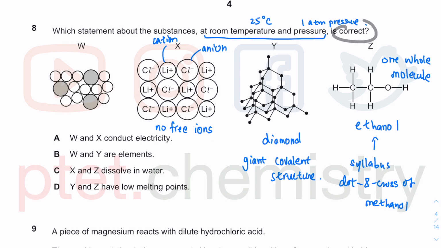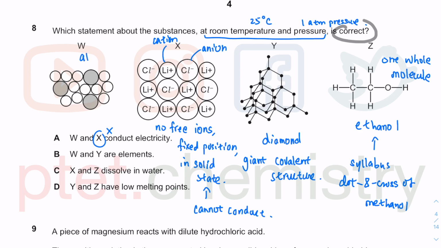So no free ions, because the ions are in a fixed position in a solid state, held tightly in a fixed position, only vibrating about their fixed position, so cannot conduct electricity. So when they say W and X can conduct electricity, we know that X cannot conduct electricity.